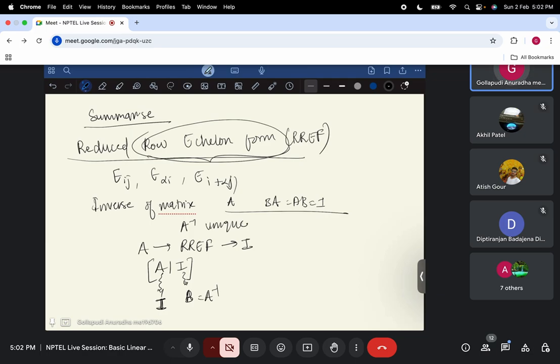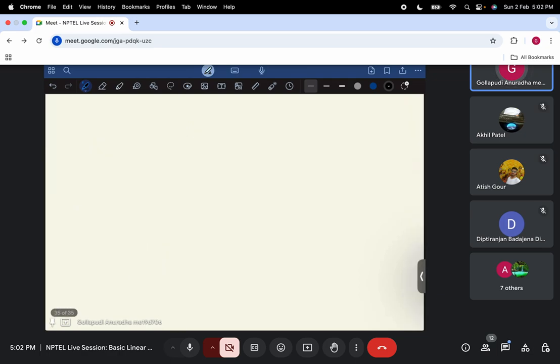And then we saw when the system is consistent, based on the rank of the matrix A and the rank of the augmented matrix A augment B. If they are equal, only then will we have a solution. If rank of A is equal to rank of A augment B, then two possibilities are there.